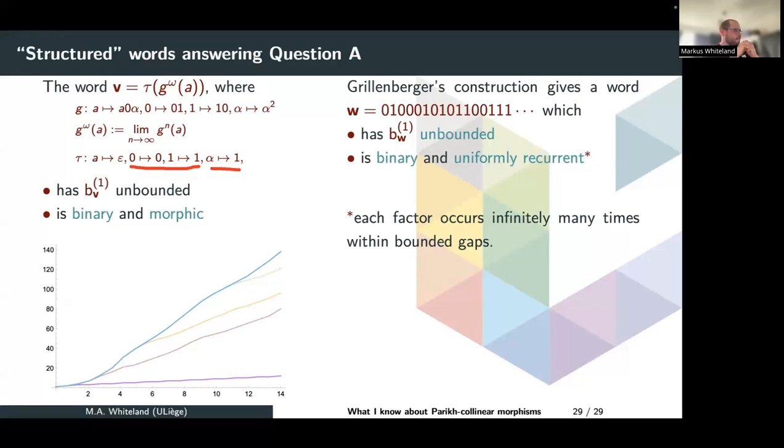And the construction here is taken from the chapter on factor complexities in the Combinatorics, Automata and Number Theory book by Cassaigne and Nicolas, I think. This one?